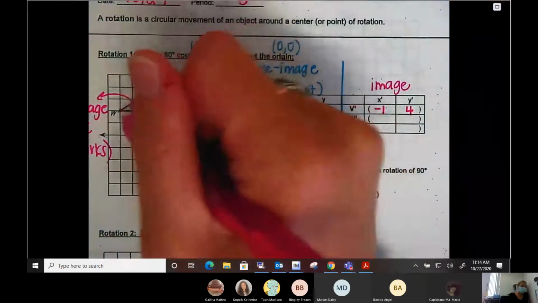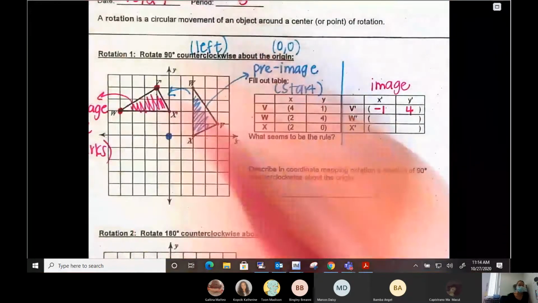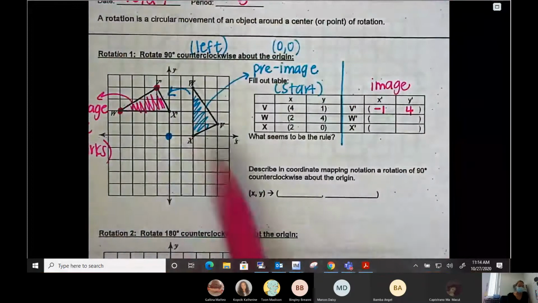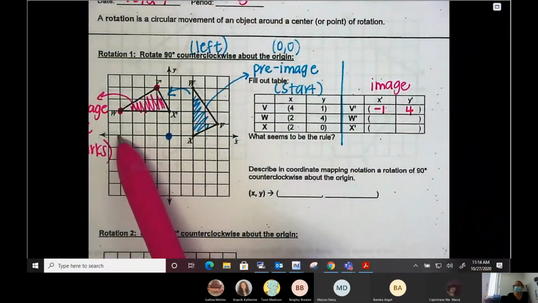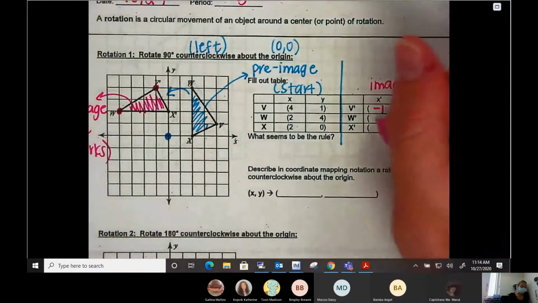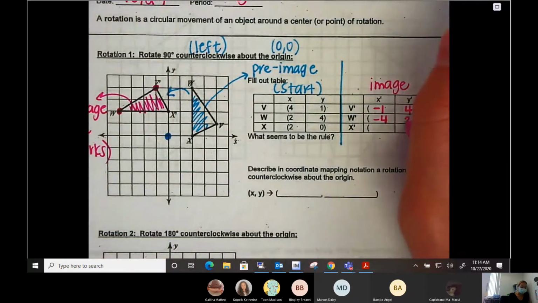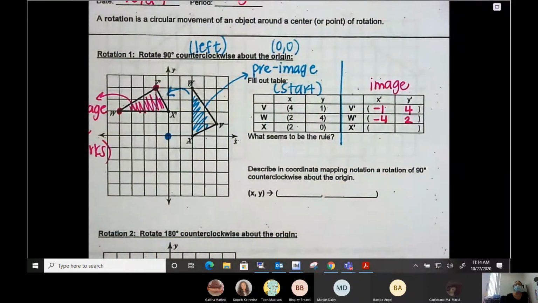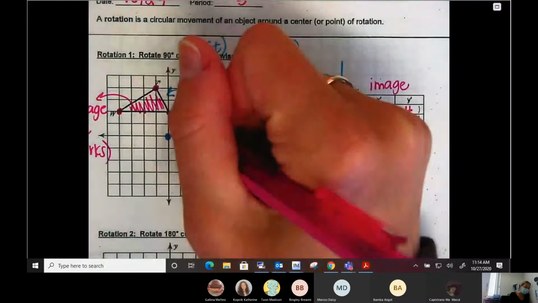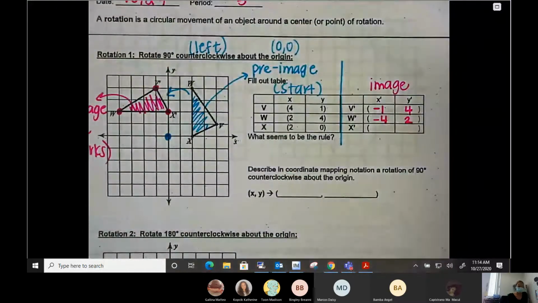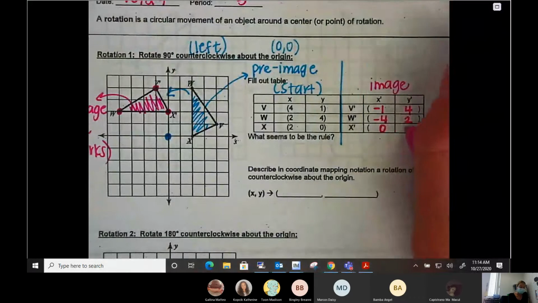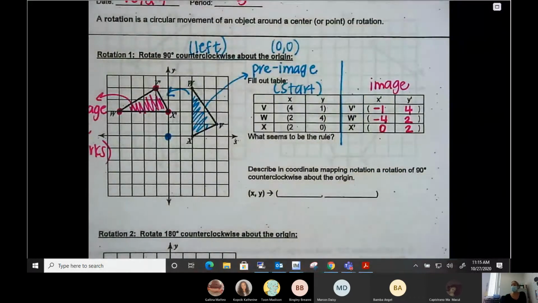Okay, what about this point W prime all the way over here to the left? How many do you go over? -4, +2. I know it's small, sorry. And then the last one, point X prime. Yep, stays the same, so it's 0, and then I go up 2, so it's a +2.